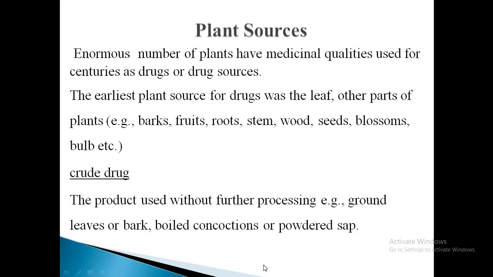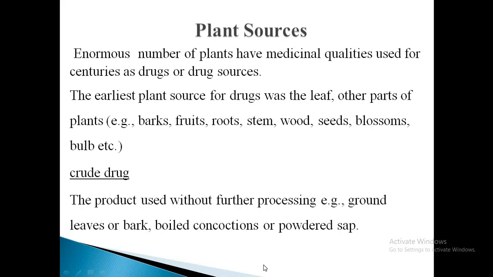Other parts of the plants, for example barks, fruits, roots, stem, wood, seeds, blossoms, bulb, etc. are also used for the preparation of drugs. Then let us see what is meant by crude drug. The product used without further processing. For example, ground leaves of a plant or a bark, boiled concoctions or powdered sap is called a crude drug.